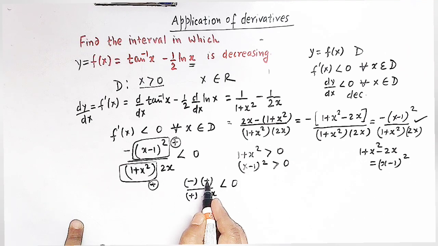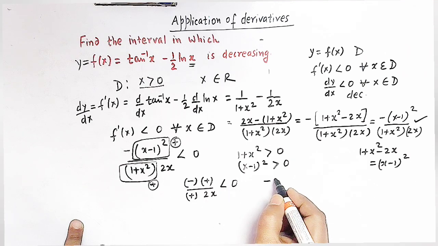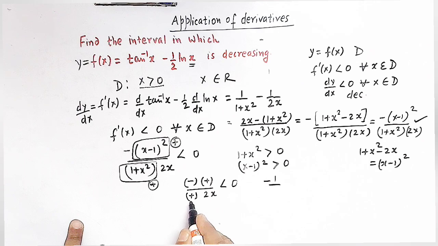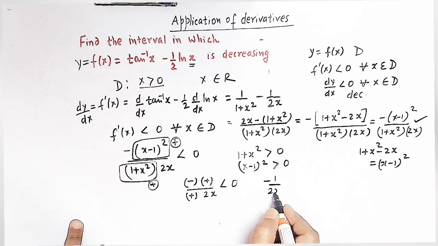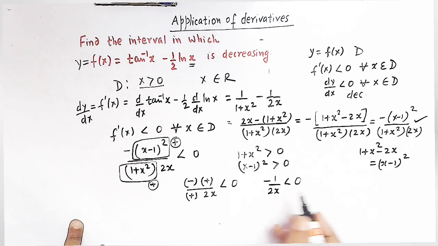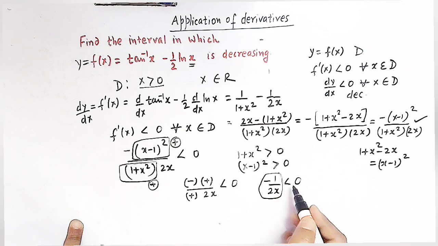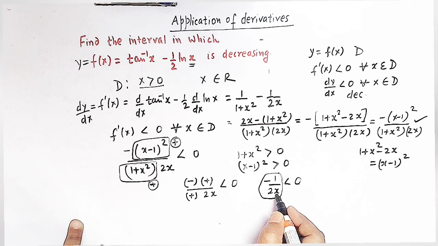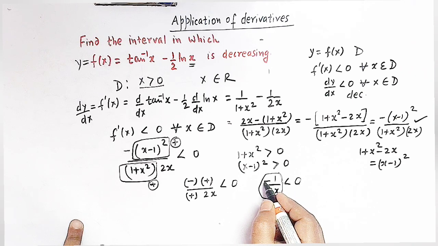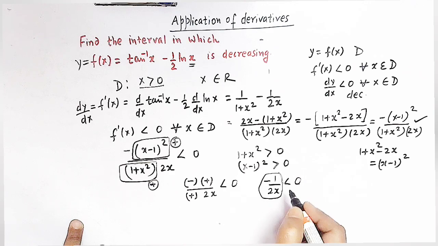Minus times plus is minus, so we have minus 1 over 2x less than 0. So this expression is less than 0 when x is greater than 0, because when x is positive, only then is minus 1 over 2x less than 0.